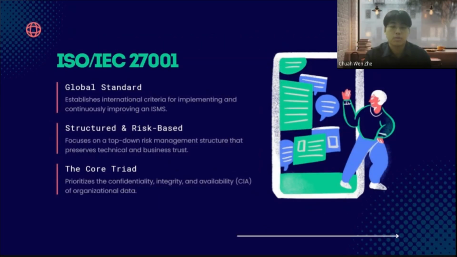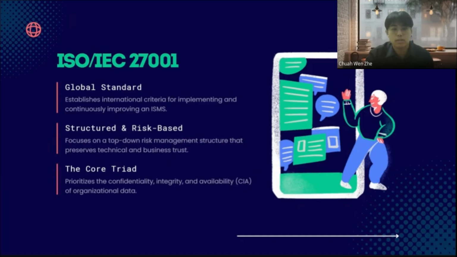Okay, for part two, frameworks, actually we have two frameworks. First one is the ISO/IEC 27001 framework, which is a global standard. It establishes international criteria for implementing and continuously improving an ISMS. The second one is the structure and the risk-based approach.